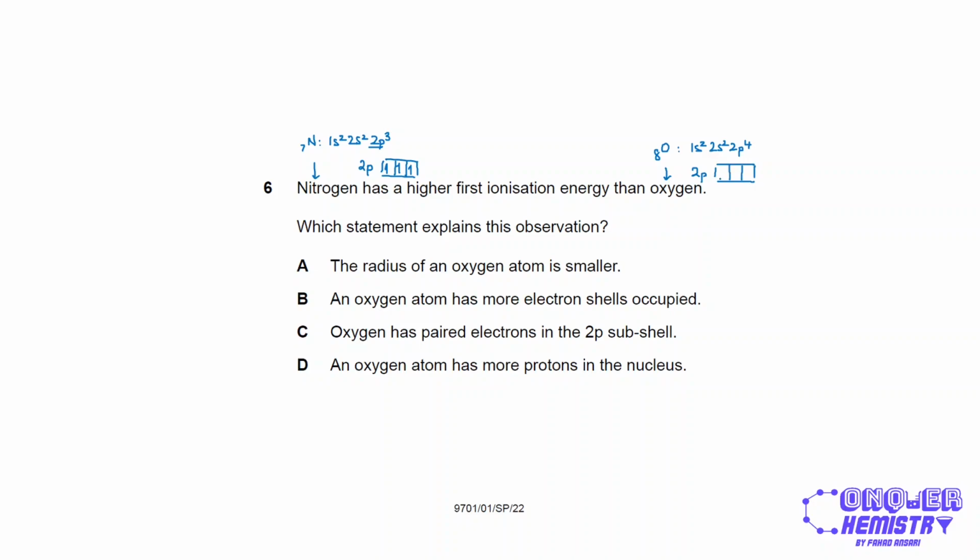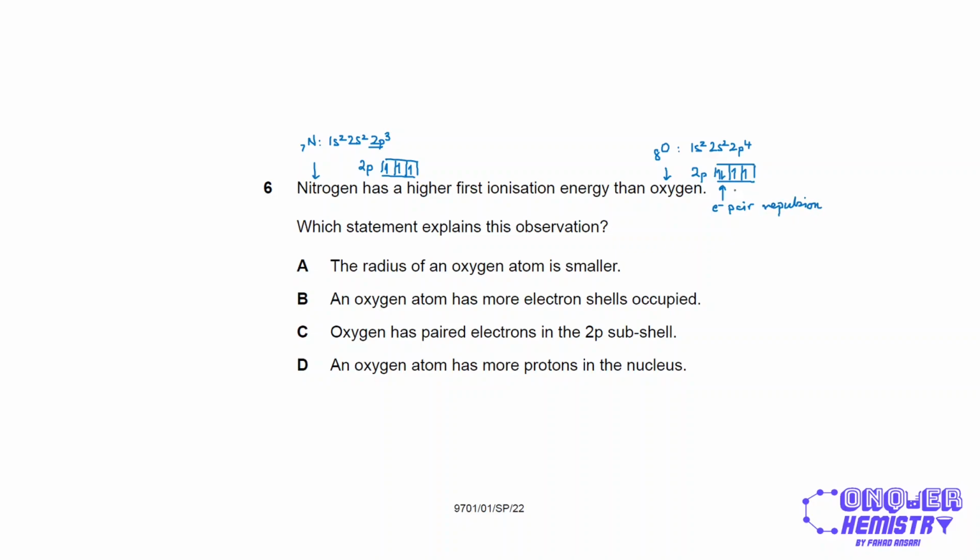What happens is each orbital is filled with 1 electron, and once all orbitals contain 1 electron, we start filling it up with the second. Now, in the oxygen atom, the electron to be removed comes from this orbital that contains electron pair repulsion, also known as spin pair repulsion.